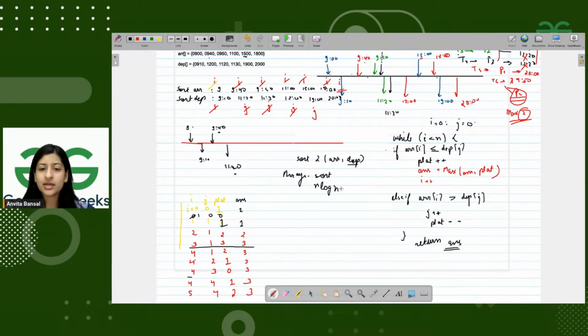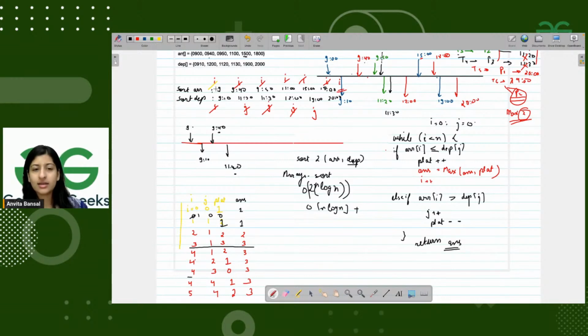Since we are using it two times for two different arrays, it will become 2n log n, right? So precisely it is going to be O of n log n, where n is the length of your arrival or departure array. Also you are iterating over these arrays twice, not as in nested ones.